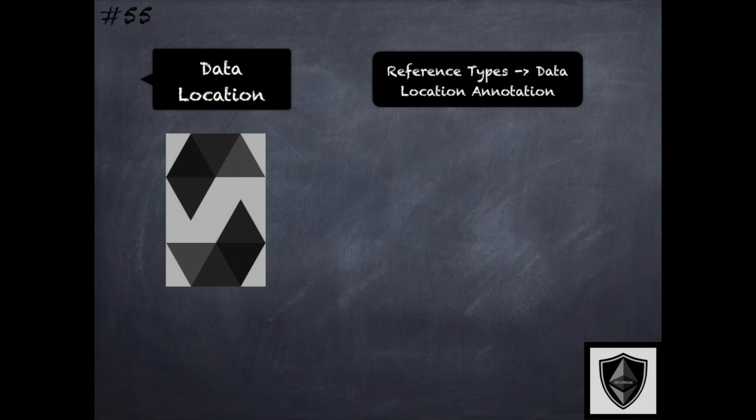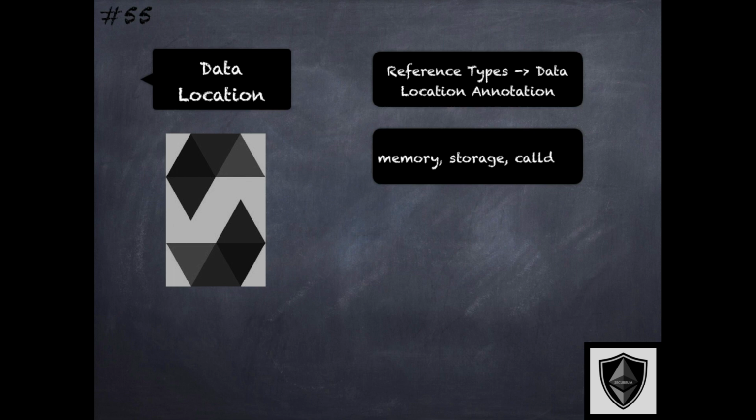And there are really 3 locations: memory, storage, call data. Recall that these are 3 out of the 4 locations that an EVM supports besides a stack. And these data locations affect the lifetime or the scope and persistence of the variables stored in those locations.